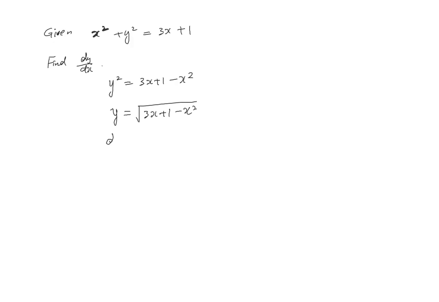So then I can only do dy/dx here. Do you get me? So you use your chain rule, half (3x plus 1 minus x squared) to the power negative half, then (3 minus 2x), done. You cannot say you never learned before, because whatever you have, you must write y as a subject before you start to differentiate, before you start to find the rate of change of y with respect to x. And for this one, it's impossible for you to write x as a subject. Okay? Are you okay?